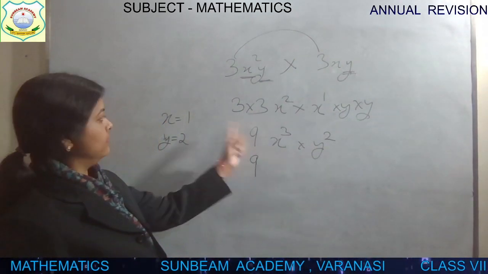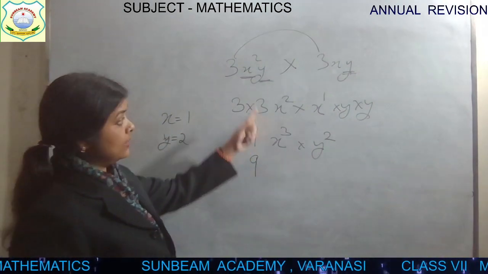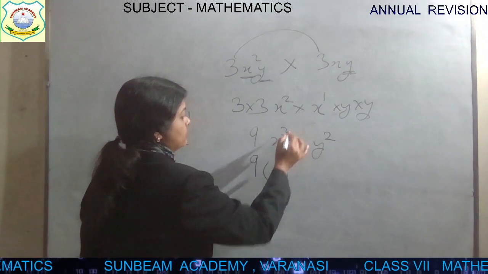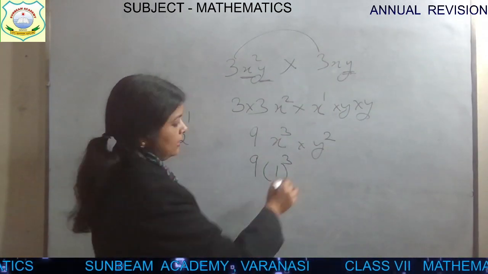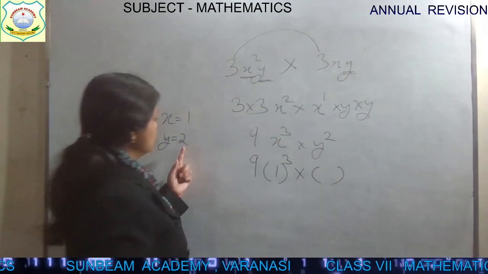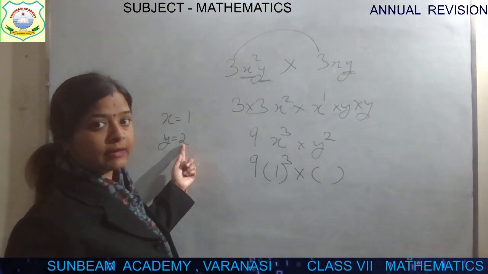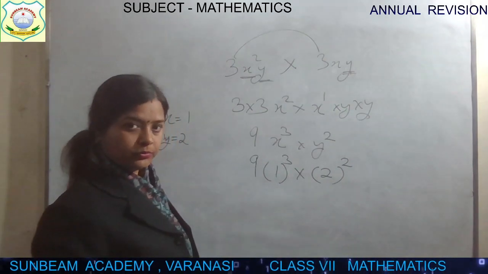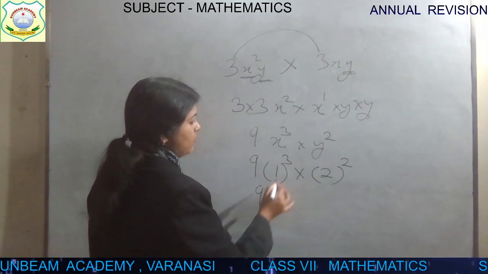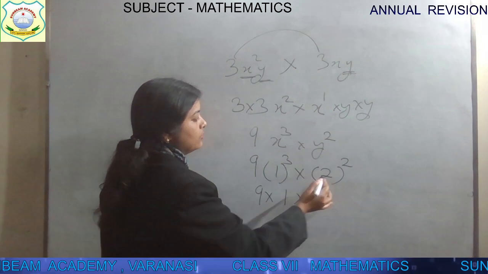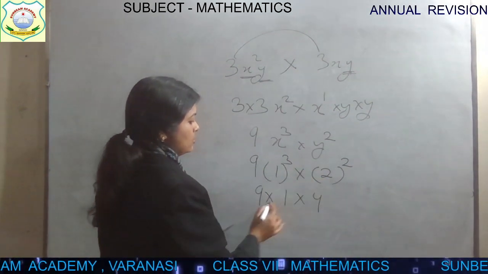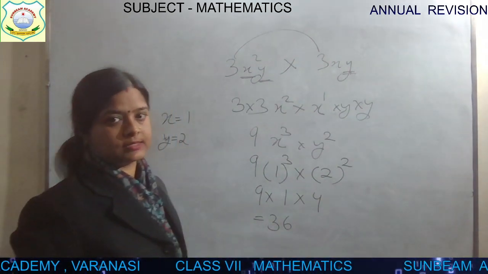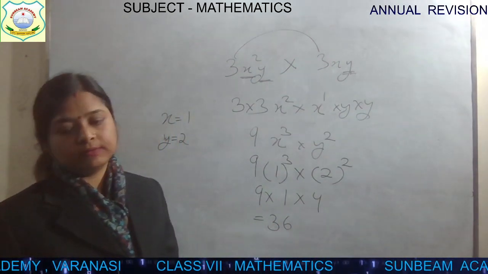Instead of x, we will write its value. X is equal to 1. After solving, we will write 1 to the power 3, into what is y? Y is 2. So in place of y, we will write 2 to the power 2. So this is 9 into 1 to the power 3 is 1, into 2 to the power 2 is 4. So 9 4s are 36. In this way, we can solve this question.